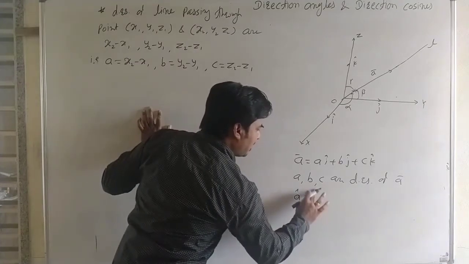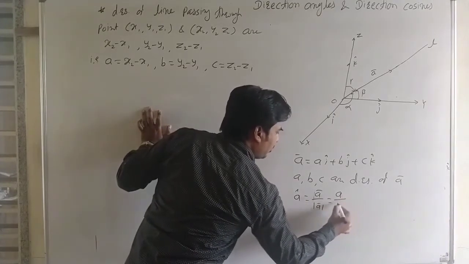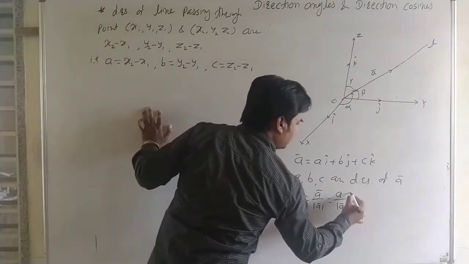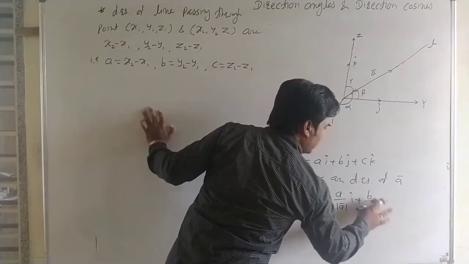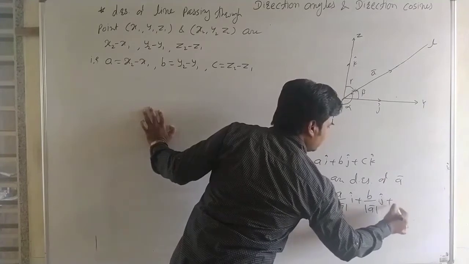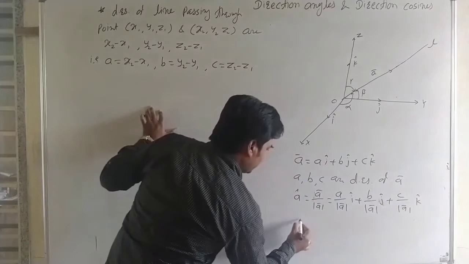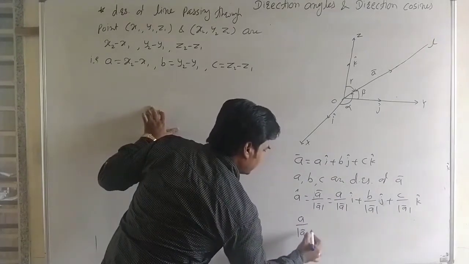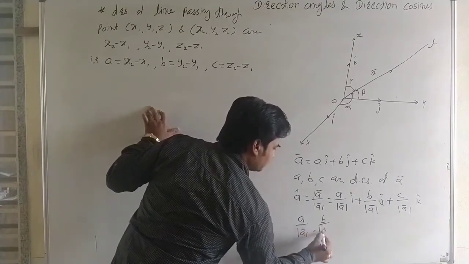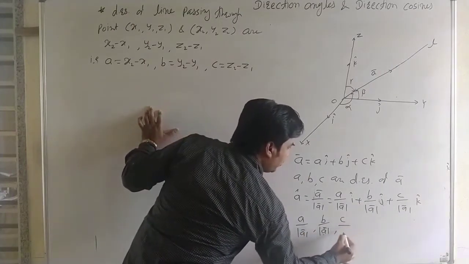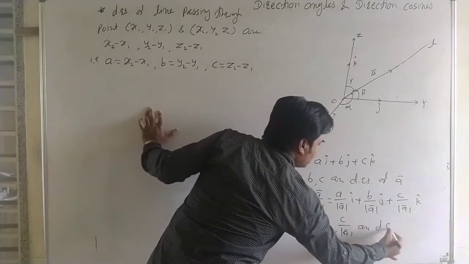A cap is A bar upon magnitude of A bar, which is A upon magnitude of A i cap plus B upon magnitude of A j cap plus C upon magnitude of A k cap. That means A upon magnitude of A bar, B upon magnitude of A bar and C upon magnitude of A bar are direction cosines.